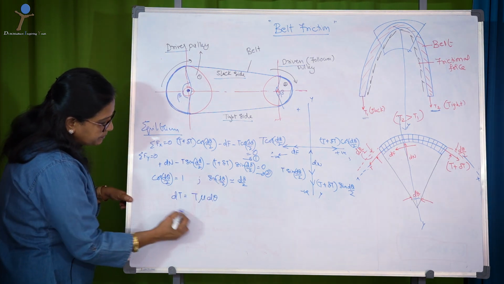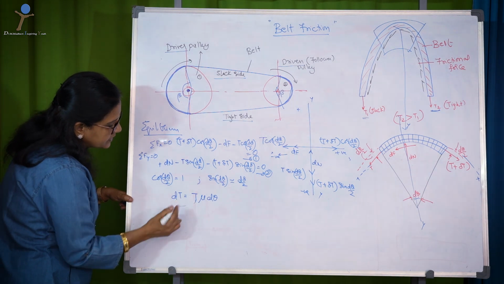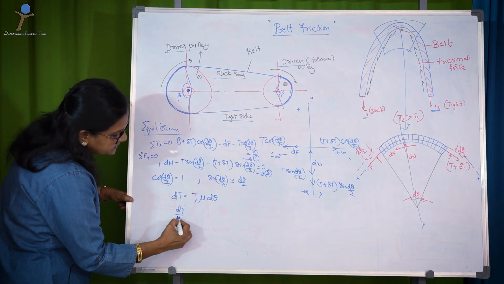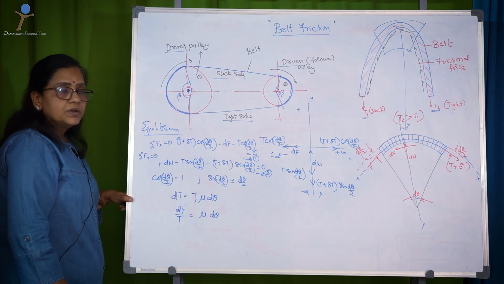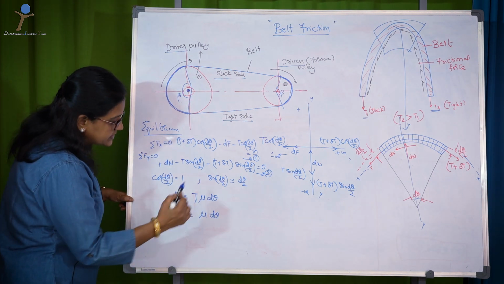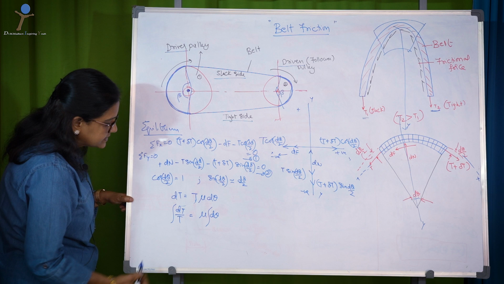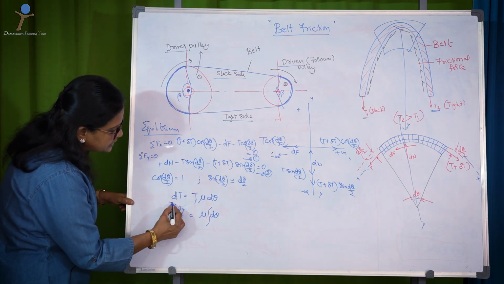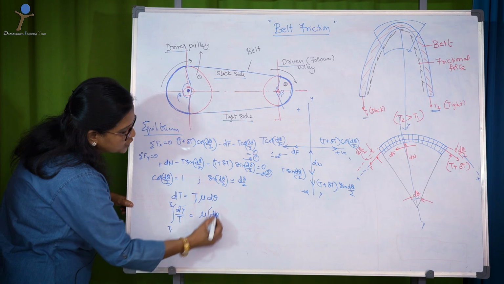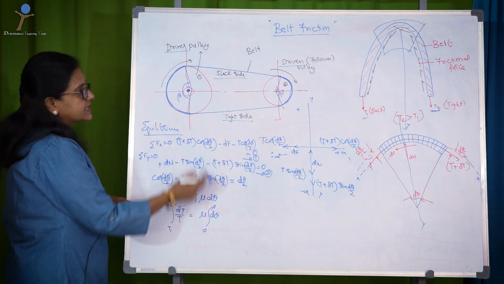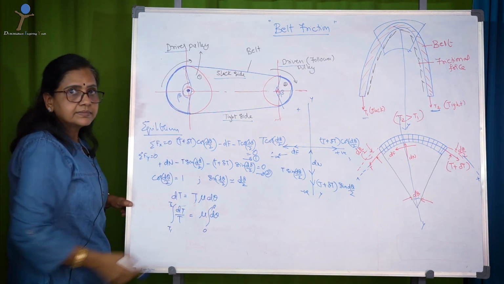So, I pull this here, call it dT by T equal to mu d theta. You integrate this expression on both sides, with T1 and T2 as the varying tensions, and theta from 0 to beta. Beta is the wrap angle.